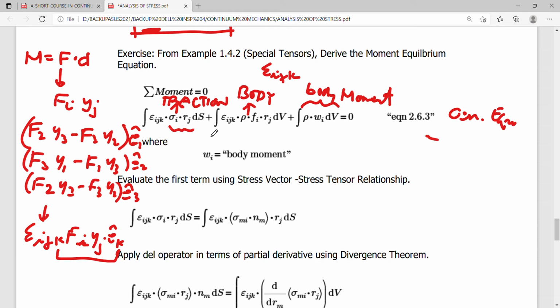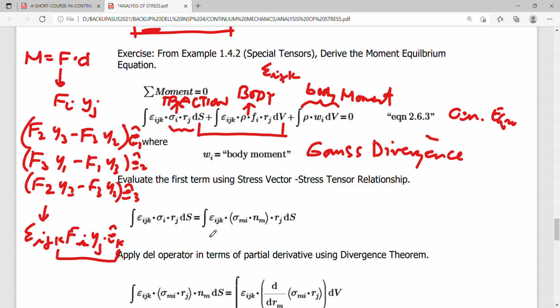But again, if you are looking into the dimension of your boundary here and the domain dV there, of course, there's also a domain dV here. There's an inconsistency in this summation. So what we are going to do is again use the Gauss divergence theorem to correct such inconsistency.